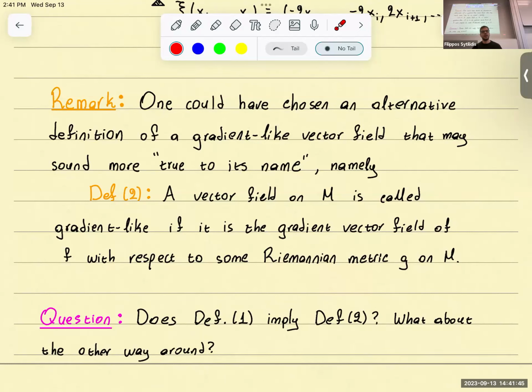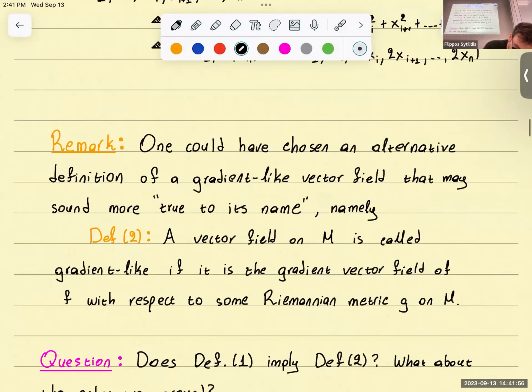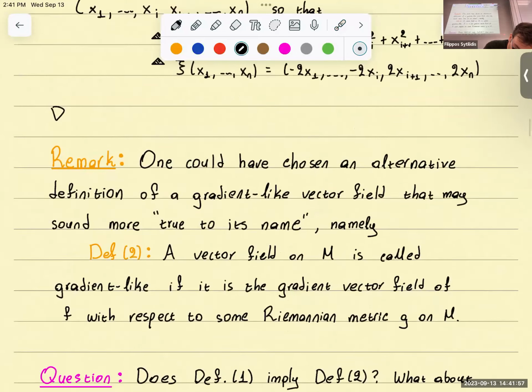Just remind people what that means. What is the gradient vector field with respect to a Riemannian metric? So given a Riemannian metric, what is the gradient? Let's see if I can write it. I want to take the inner product.